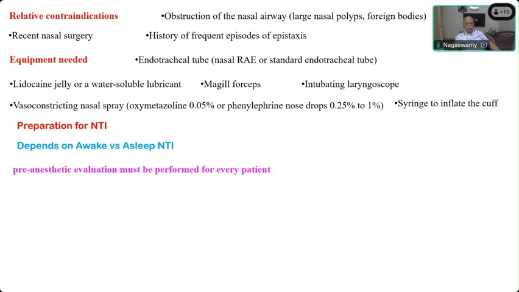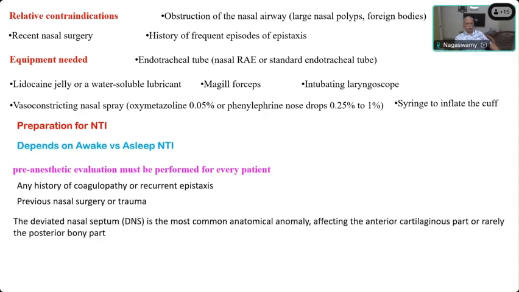Okay. So first, pre-anesthetic evaluation is very, very important. And this should be done to assess through which nostril you are going to pass the tube. So you ask for all this history: any history of coagulopathy or recurrent epistaxis, any previous nasal surgery or trauma, and look for any deviated nasal septum, which is a common anatomical anomaly affecting the anterior cartilaginous part or rarely the posterior bony part.